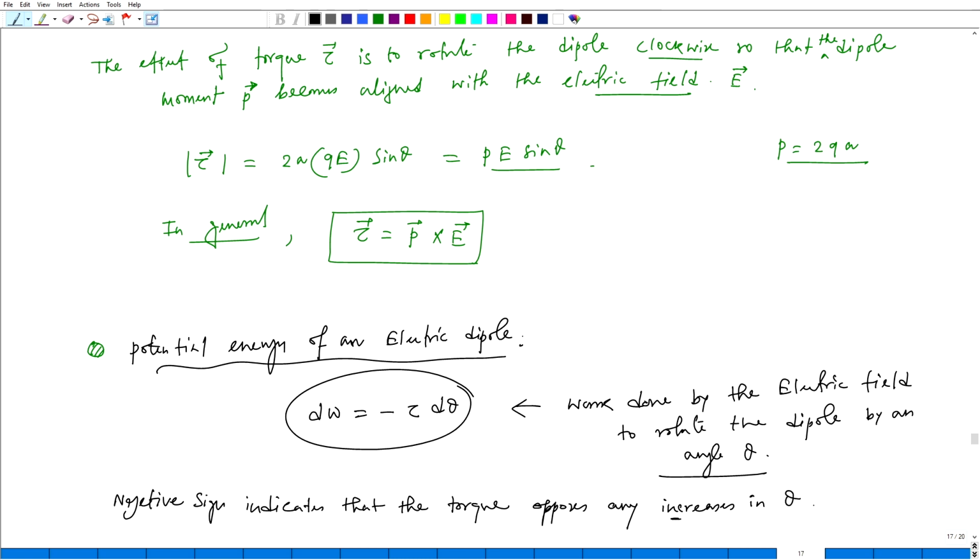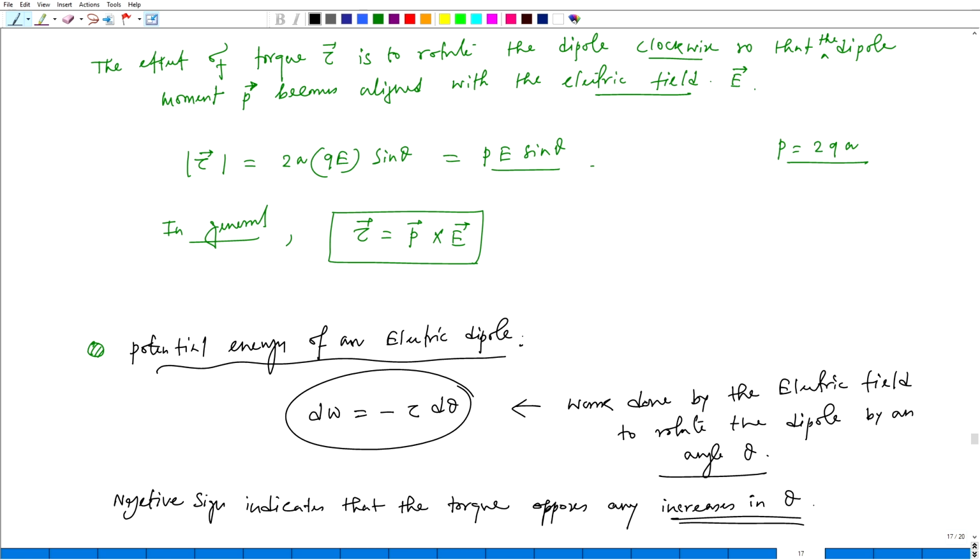The torque always tries to align the dipole moment in the electric field direction. If we increase theta, the torque is opposite to that, and that is why there is this negative sign here.